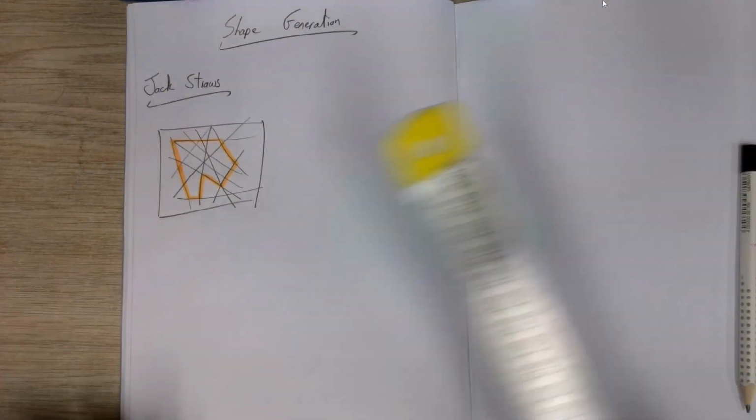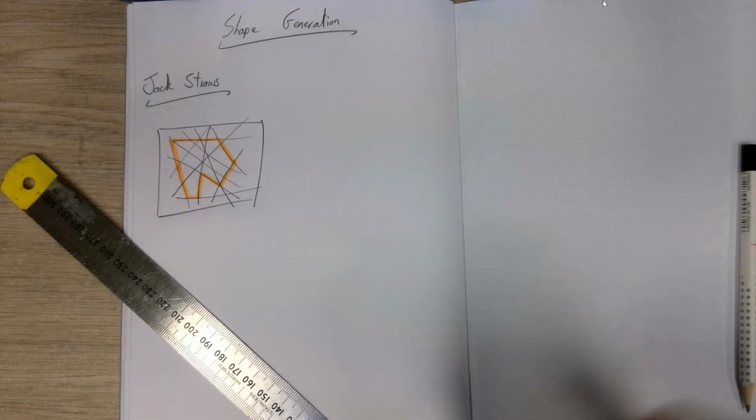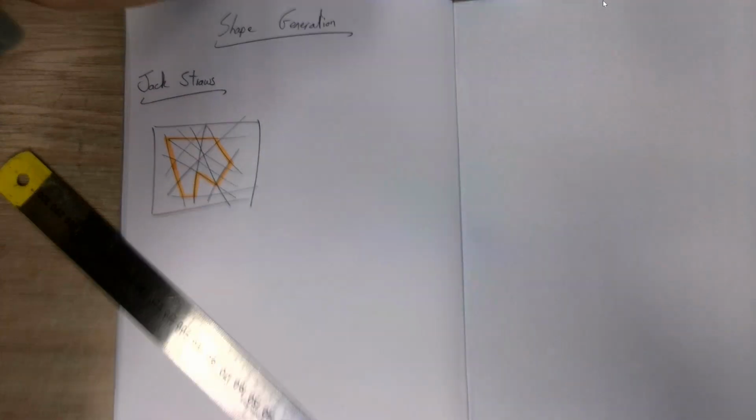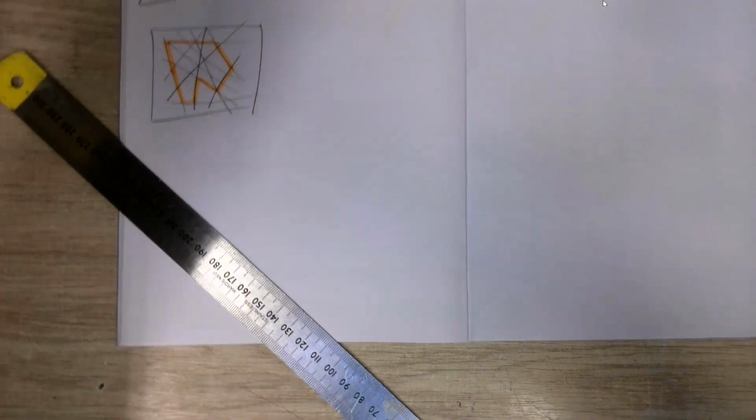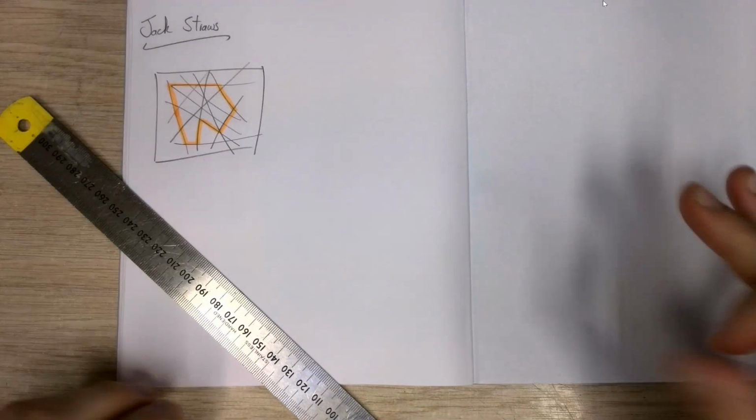Once you've got this, you're going to take a pencil and a ruler and you are going to redraw the shape further down the page accurately using the ruler.